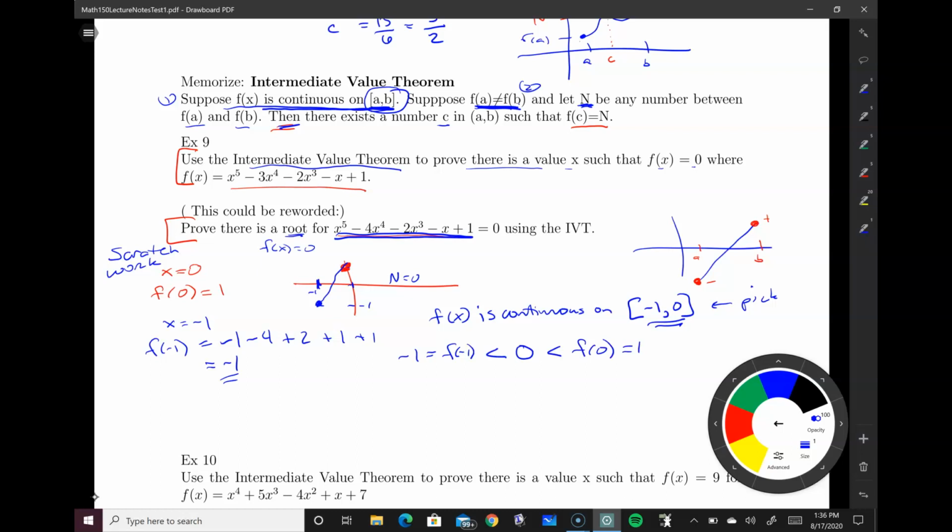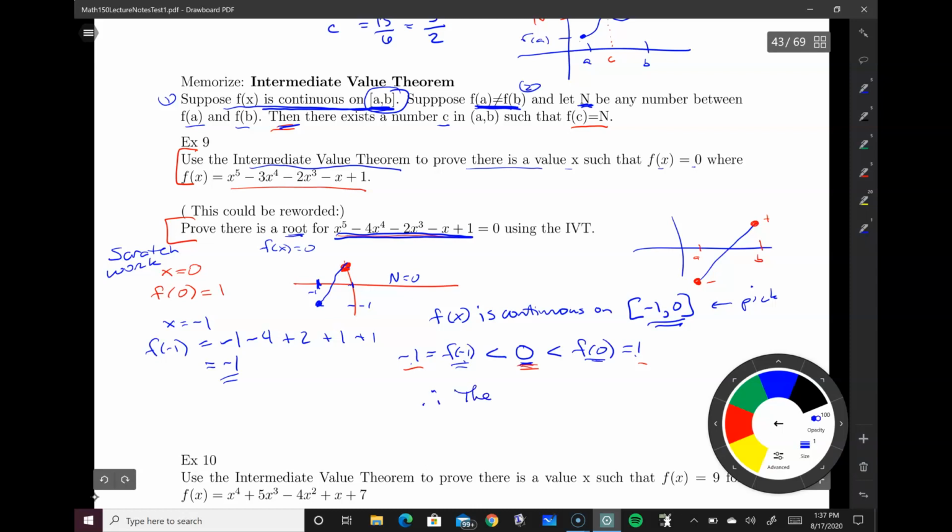Okay, let me stop there for a second. So what did I do? I said this y value of 0 is between these two y values, where the y value that goes with 0 is 1, and the y value that goes with negative 1 is negative 1. So what I have is negative 1, 0, 1, right? So I know I crossed over this y value of 0.